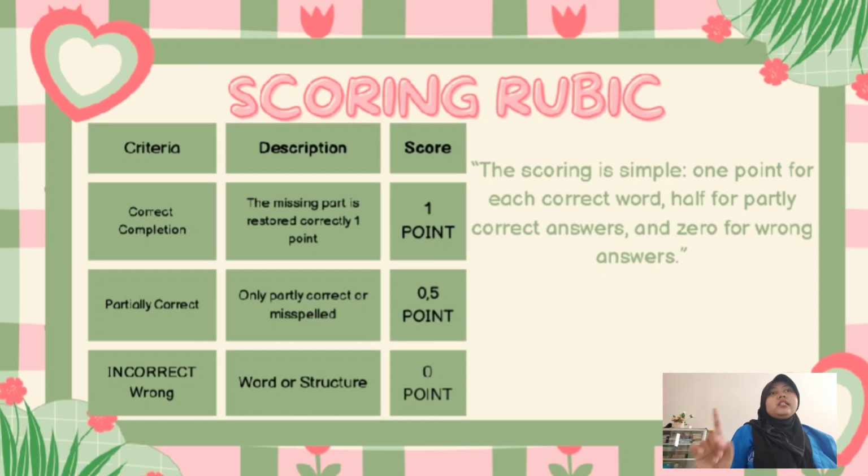Okay, this slide describes how students' answers are scored. 1 point for a completely correct answer, 0.5 for a partly correct answer, for example misspellings, and 0 points for an incorrect answer.